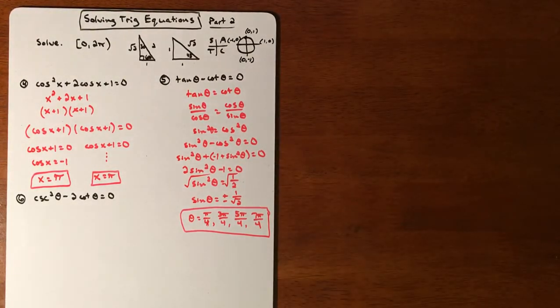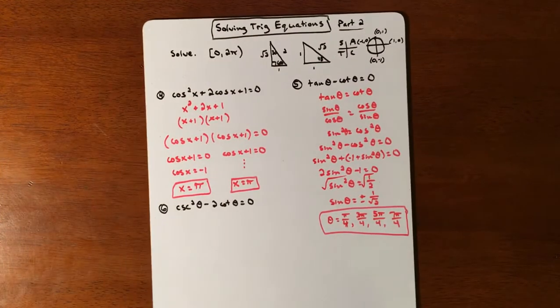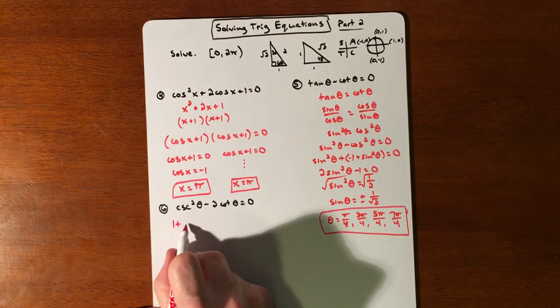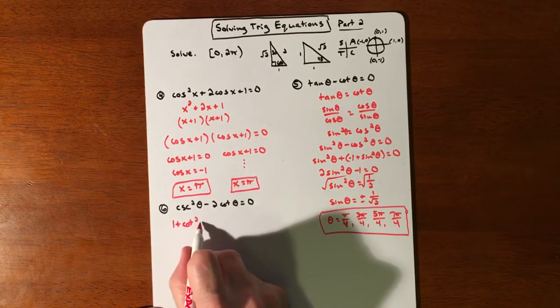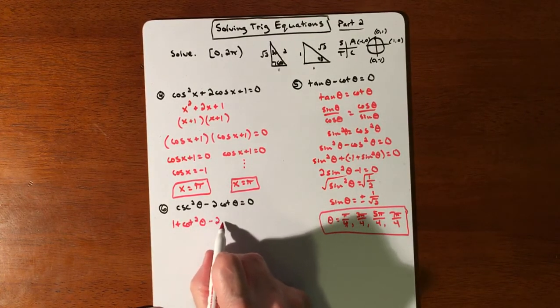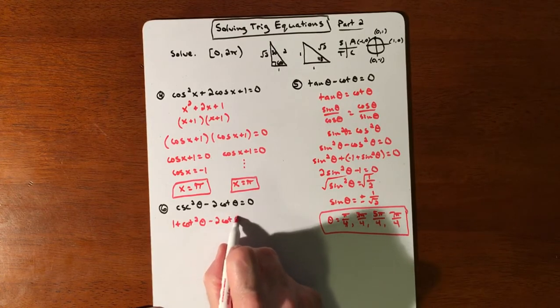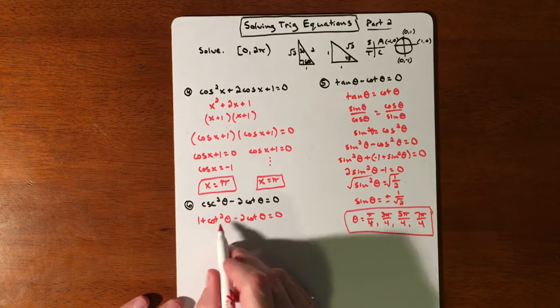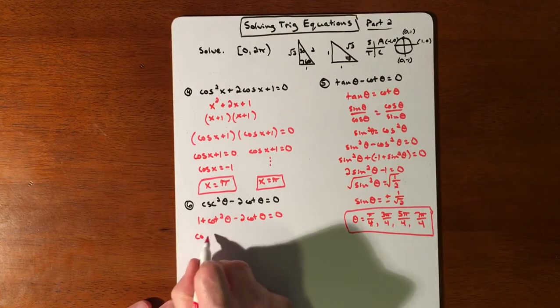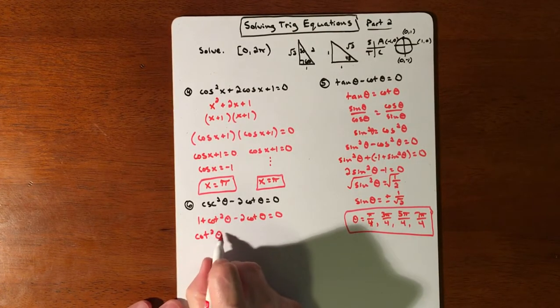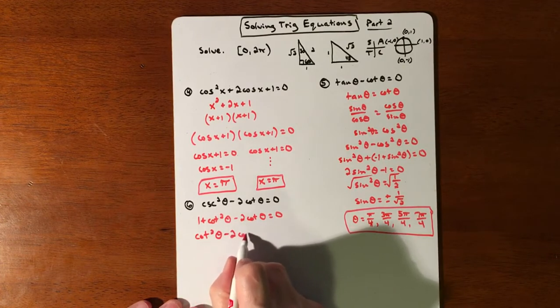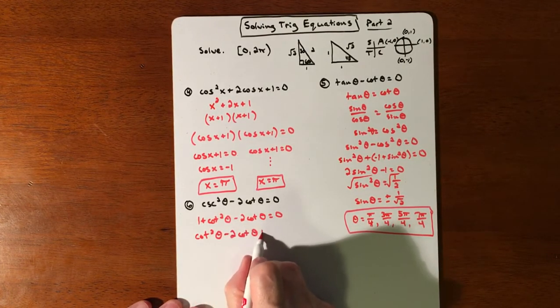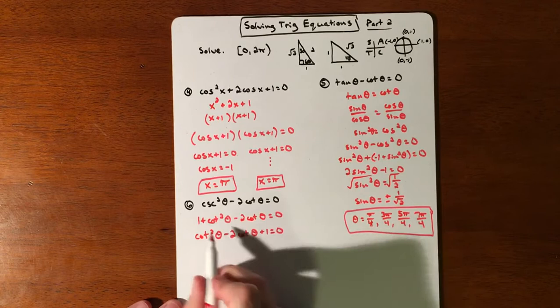So let me do that. So 1 plus cotangent squared, and then minus 2 cotangent theta equals 0. Okay, so this has a quadratic feel, so I'm going to rewrite it like a quadratic. Cotangent squared theta minus 2 cotangent theta plus 1 equals 0.